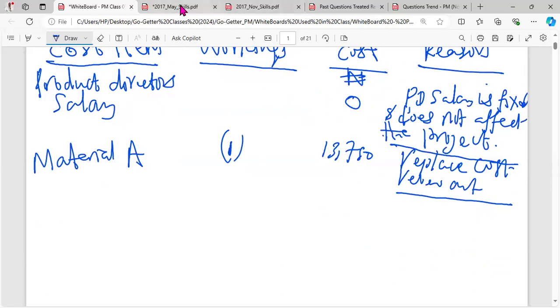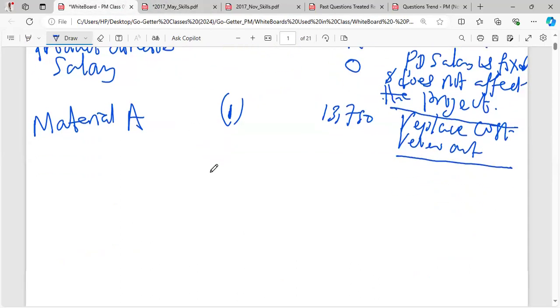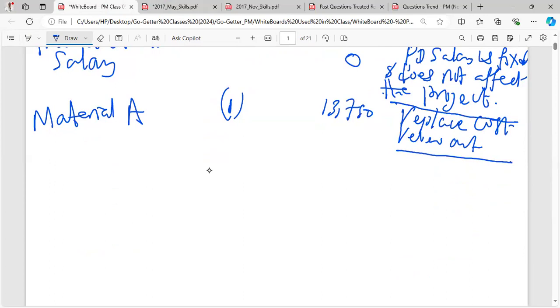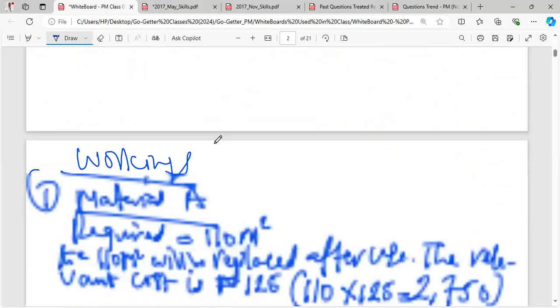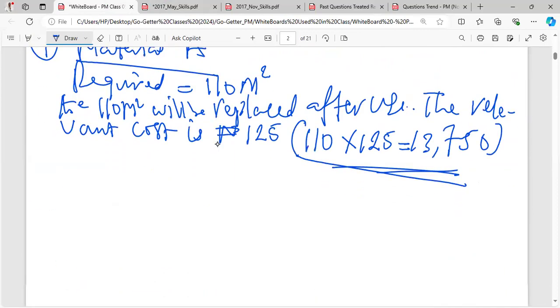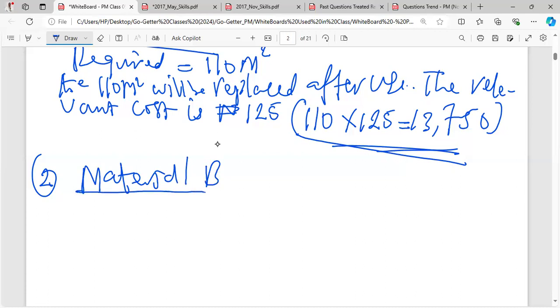The next thing again now is material B. We'll now go down and write material B. We'll look at workings number 2. So let's go down to workings number 2, material B. And I will say required.